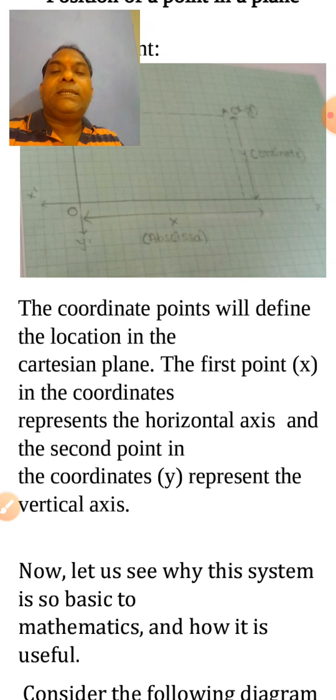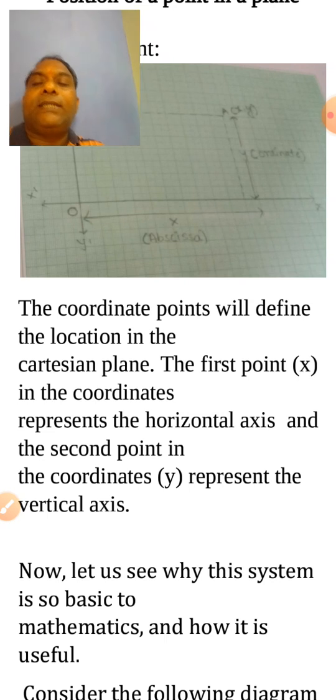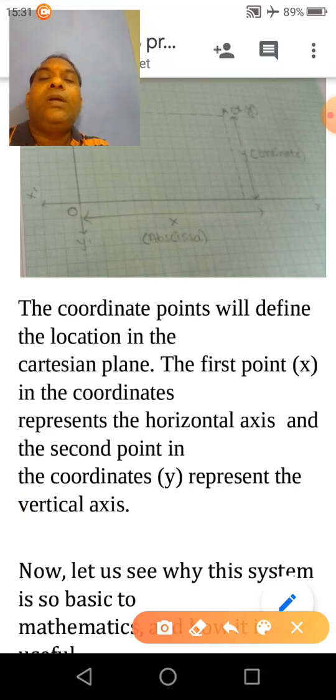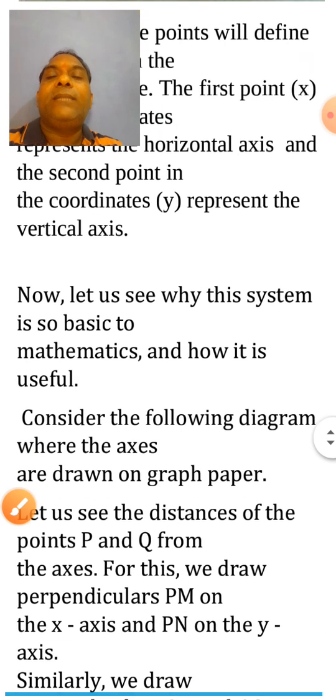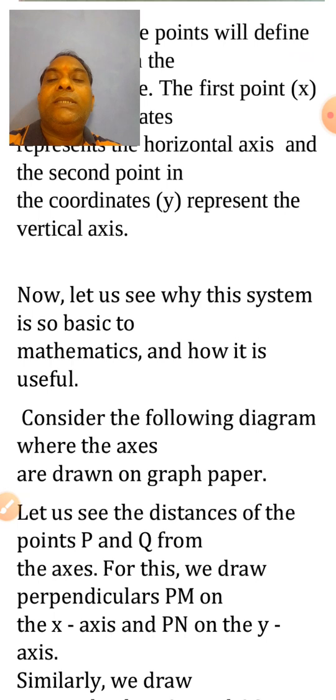The first point x in the coordinates represents the horizontal axis and the second point y represents the vertical axis. Now let us see why this system is so basic to mathematics and how it is useful.